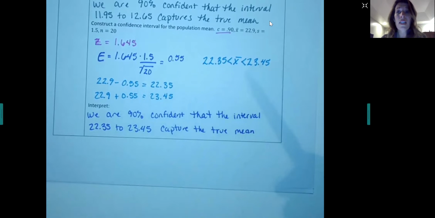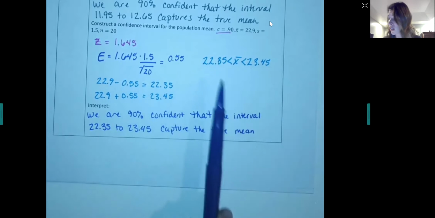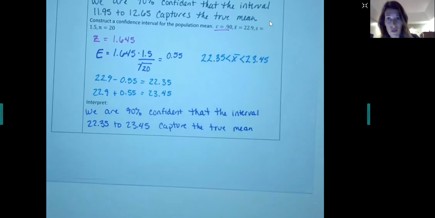What we're saying is that we are 90% confident that that true mean, the true average, is somewhere between those two numbers. We're not 100% confident.